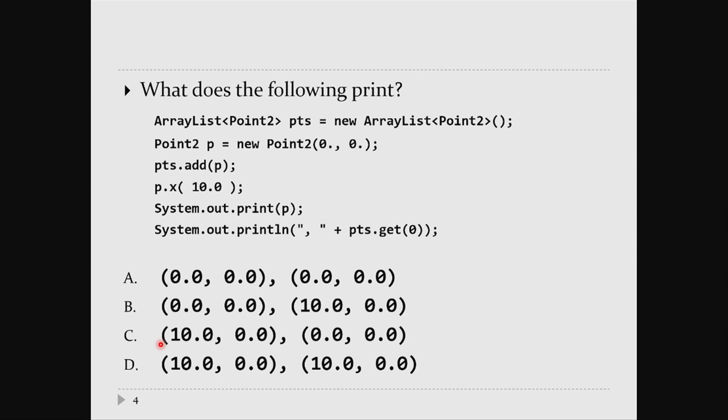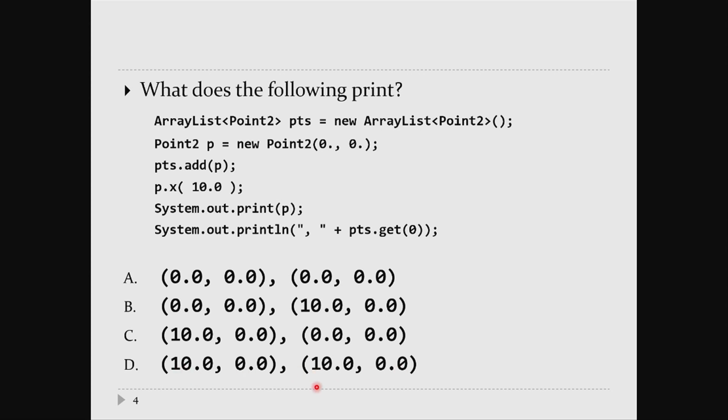Now, because your list points doesn't hold copies of the point p, it holds a reference to the point p. When you change point p, the point in the list, which I'm going to get using points.get(0), is going to change as well. So it actually prints out d. There's only one point object.